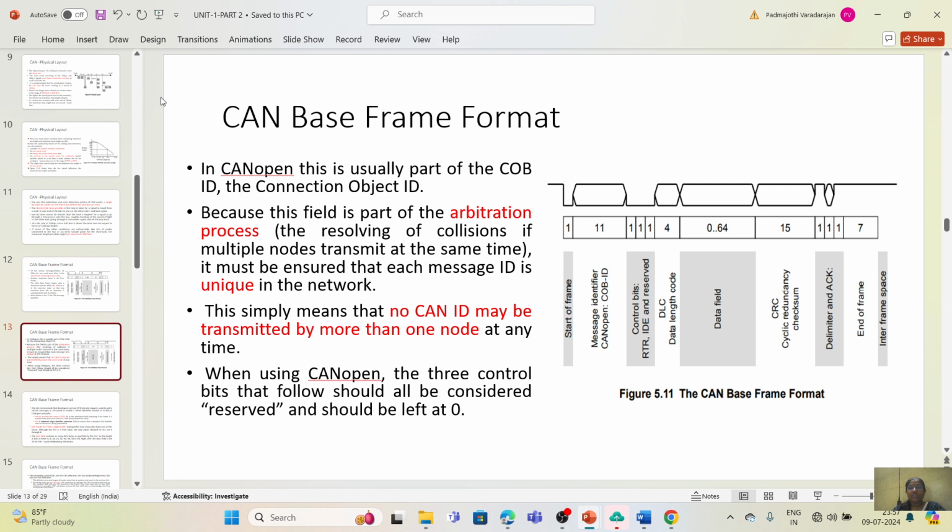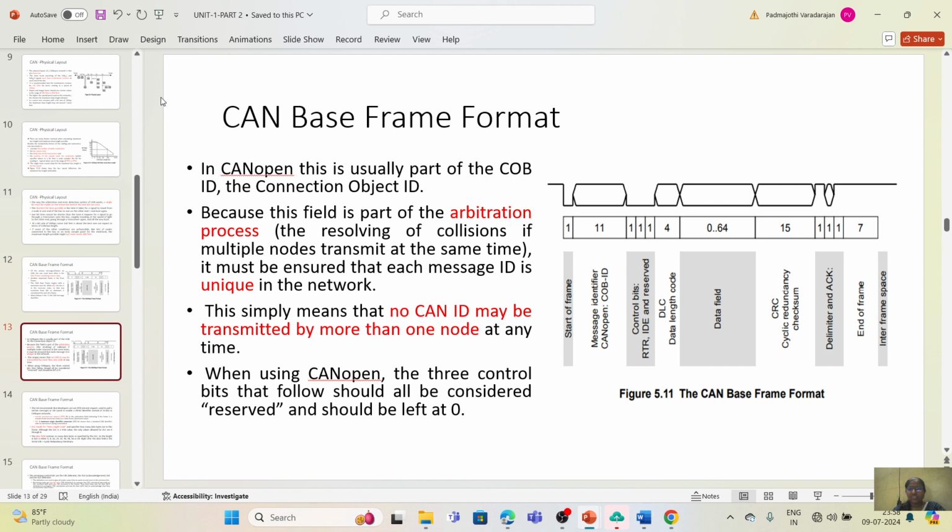Because this field is part of the arbitration process, each frame is identified by the connection object identifier. This simply means no CAN ID may be transmitted by more than one node at a time.